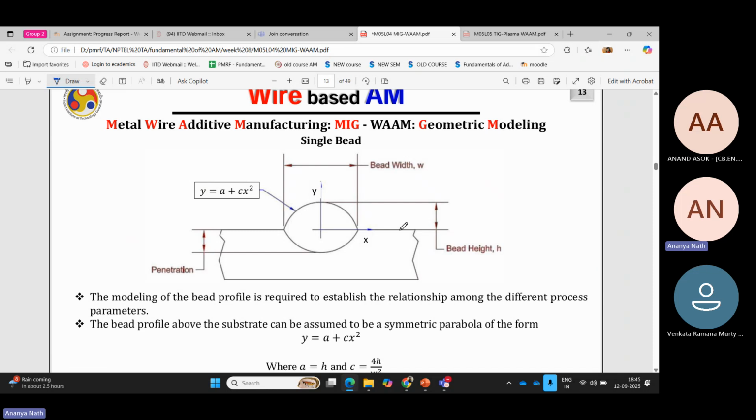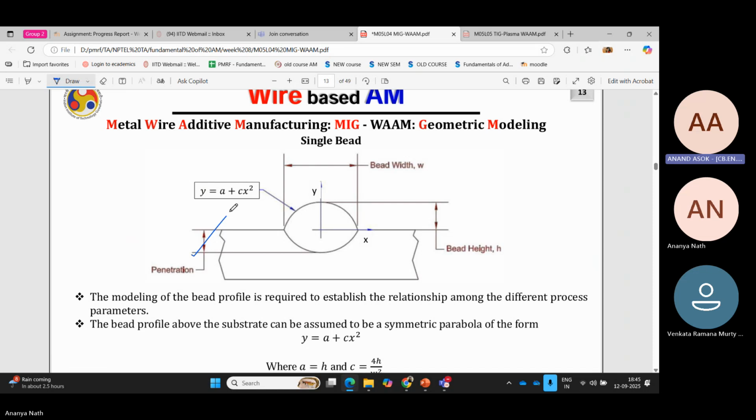Can you tell me how this bead penetration depth will influence my next layer deposition? This is a very easy question. How is this penetration depth going to influence the next layer deposition?